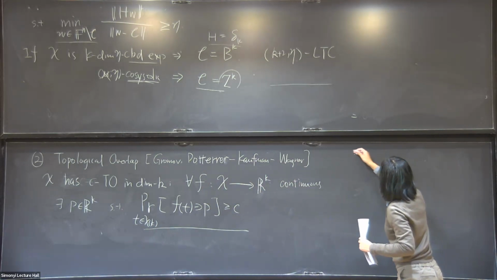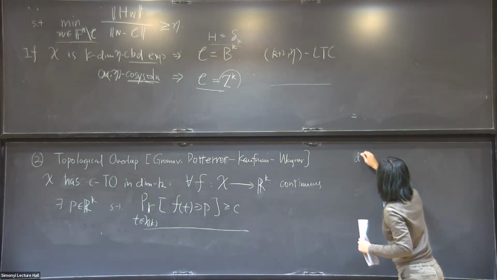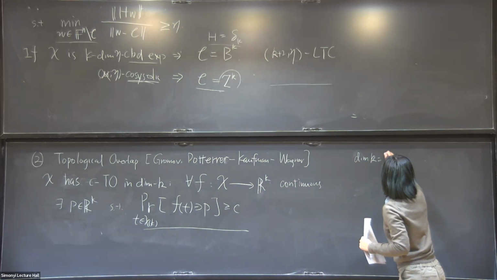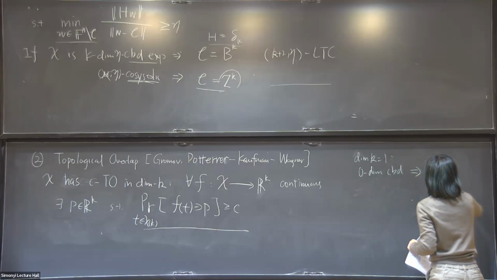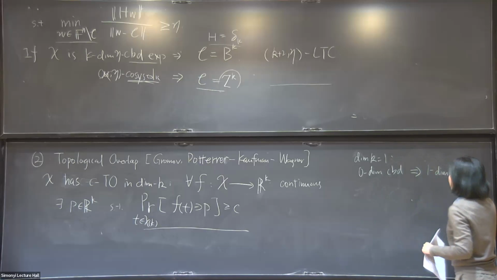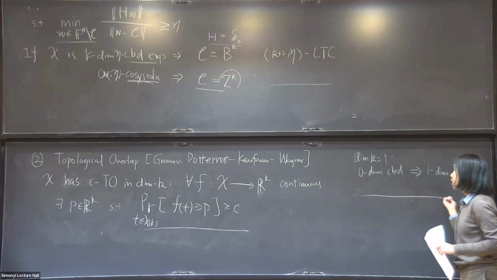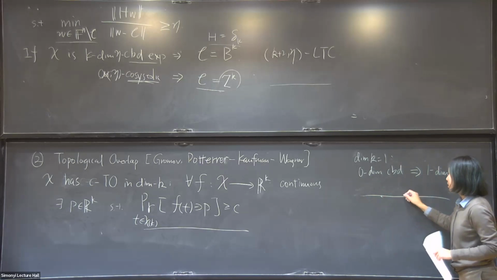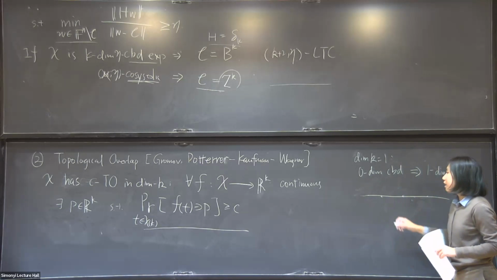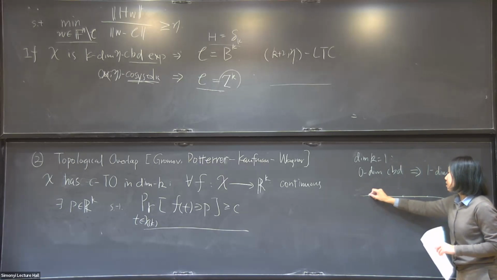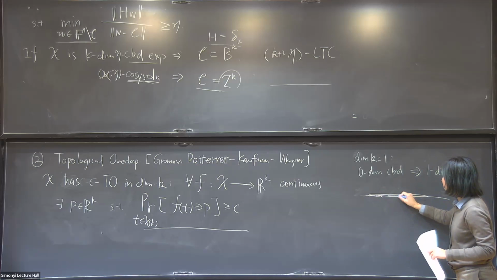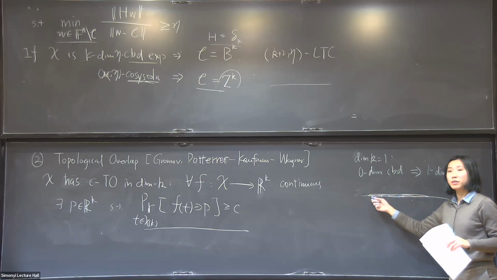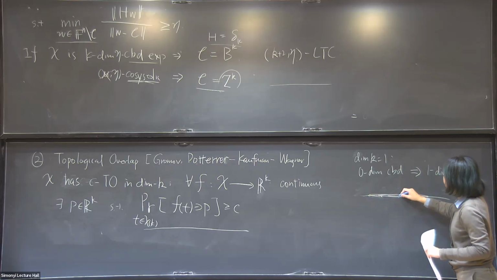So let me say for dimension k equal to 1, zero dimensional coboundary expansion gives you one dimensional topological overlap, because this is equivalent to just embedding the set of vertices on the real line and looking at the set of edges. For any embedding, I can pick a point such that half of the vertices lie on its left and half lie on its right.